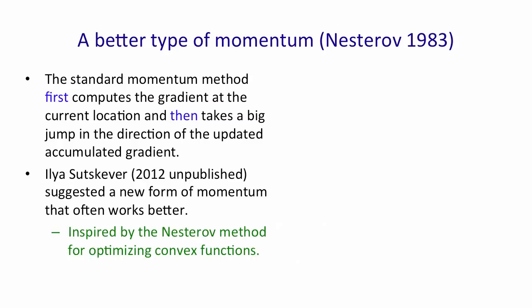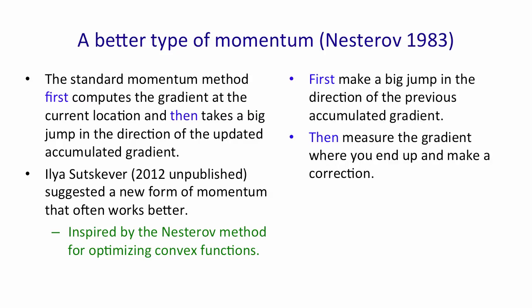Ilya Sutskever has found that it works better, in many cases, to use a form of momentum suggested by Nesterov, who was trying to optimize convex functions, where we first make a big jump in the direction of the previous accumulated gradient, and then we measure the gradient where we end up and make a correction. It's very, very similar, and you need a picture to really understand the difference.